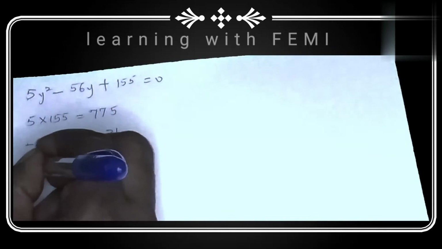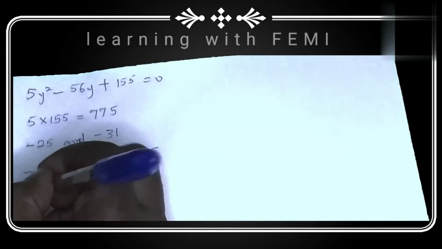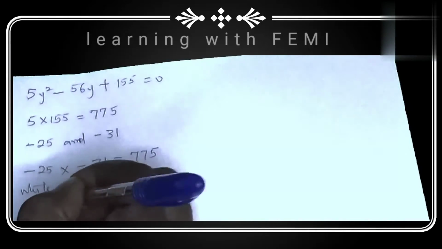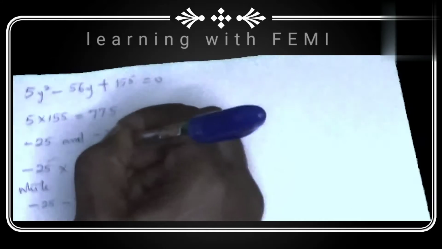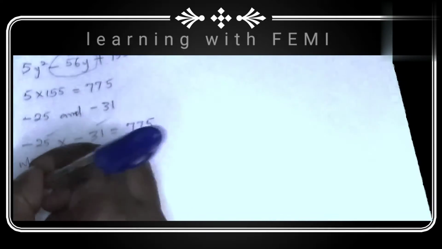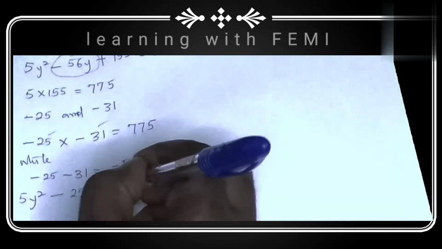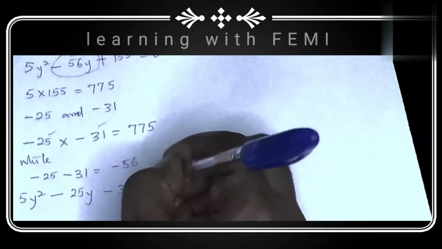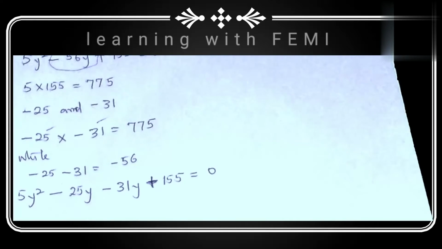Therefore, minus 25 times minus 31 equals 775, while minus 25 minus 31 equals minus 56. So these two will be our representation. Therefore, we write it as 5y squared minus 25y minus 31y plus 155 equals 0. That is what we are going to use.